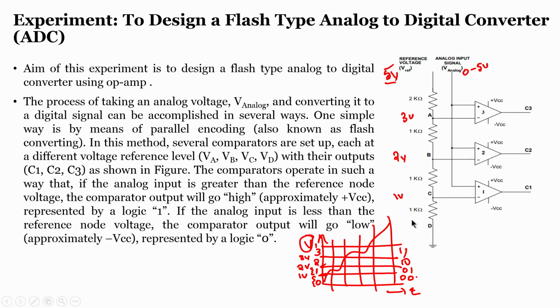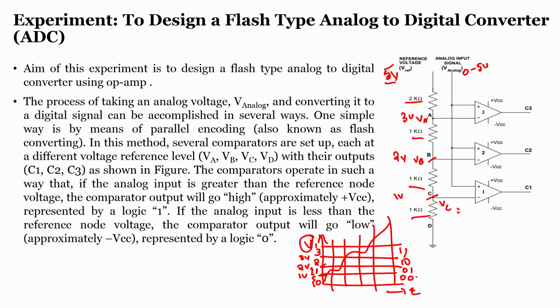If I want to divide in that way, because it is easy to understand, we have chosen the resistors such that they are 2k, 1k, 1k and 1k. When we apply the voltage divider formula, to know the voltage at this point, let us take this as VA, this is VB and this is VC.